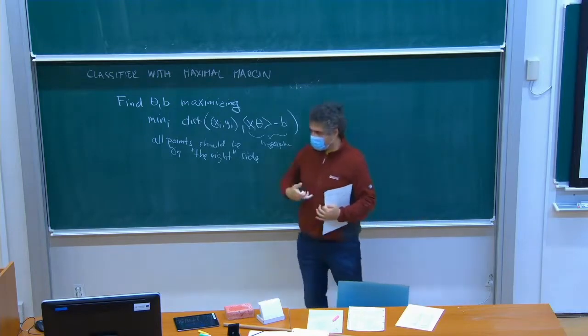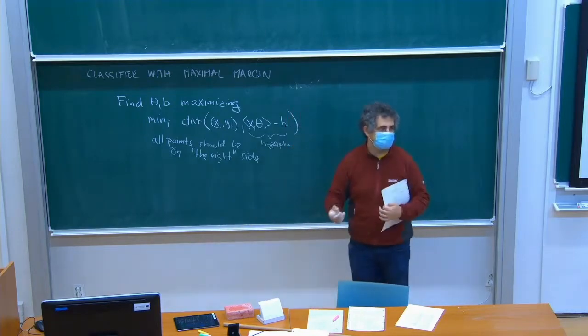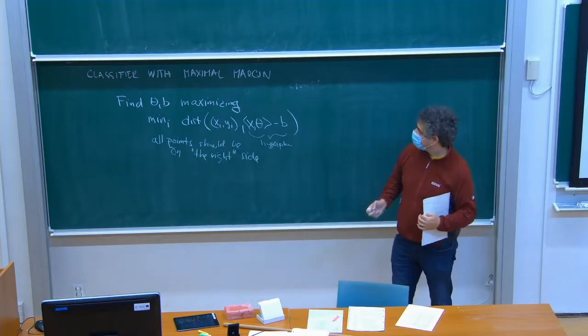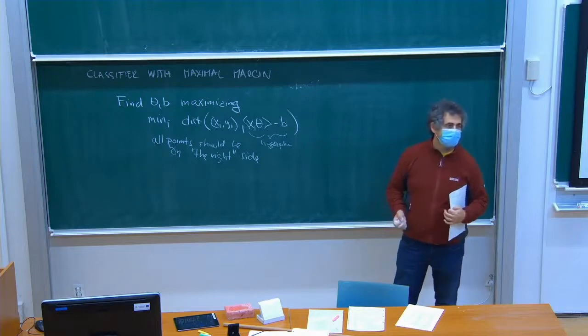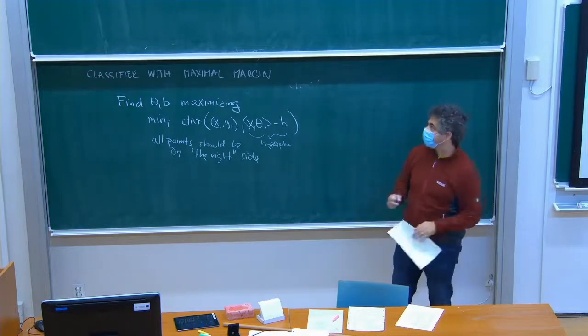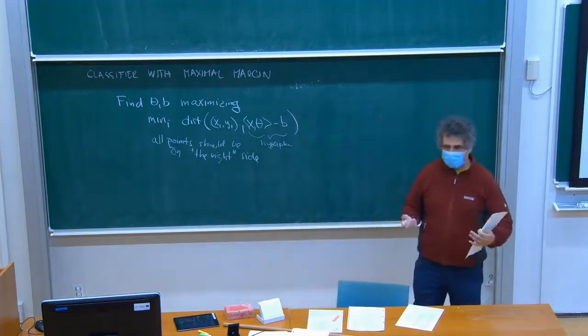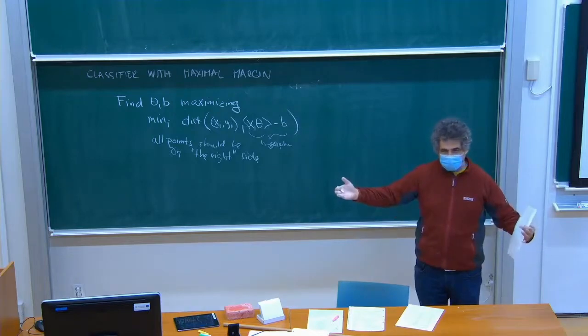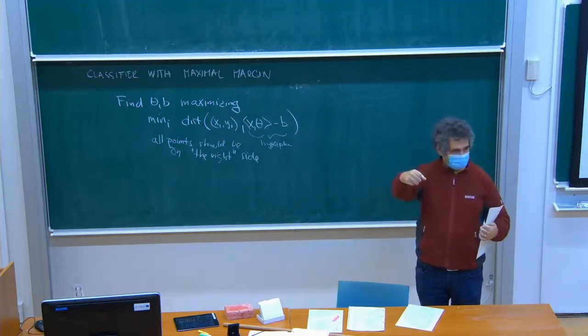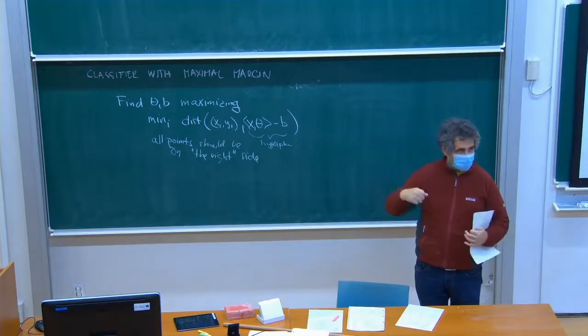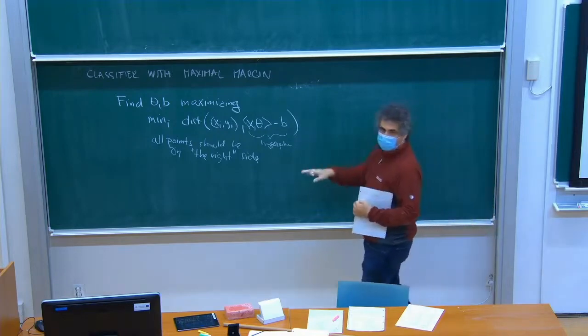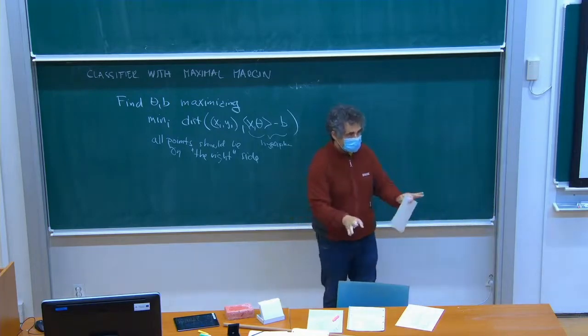So now, using what we have derived, yes? Don't we have to constrain the size of theta to one for this to work? Because when we were computing distance... This is a good question because it's related to what we have done before. Every hyperplane can be written in several different ways, with different sizes of vector theta. But the distance that we have computed already takes this into account.